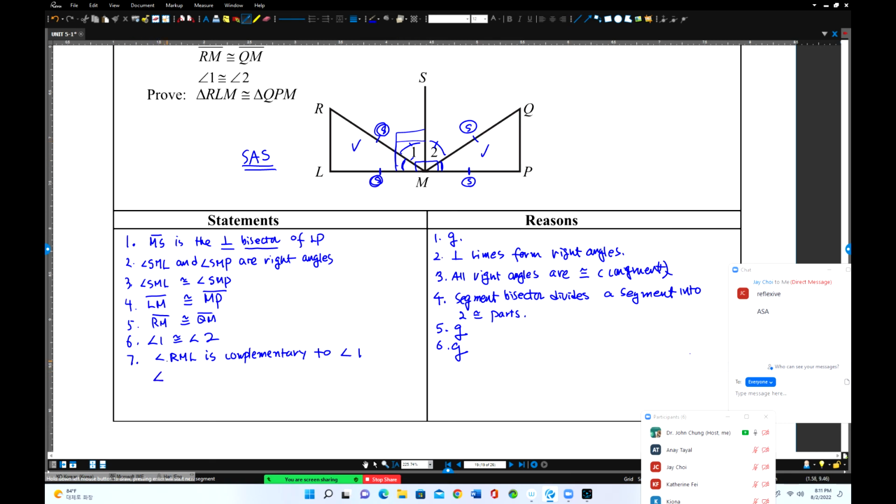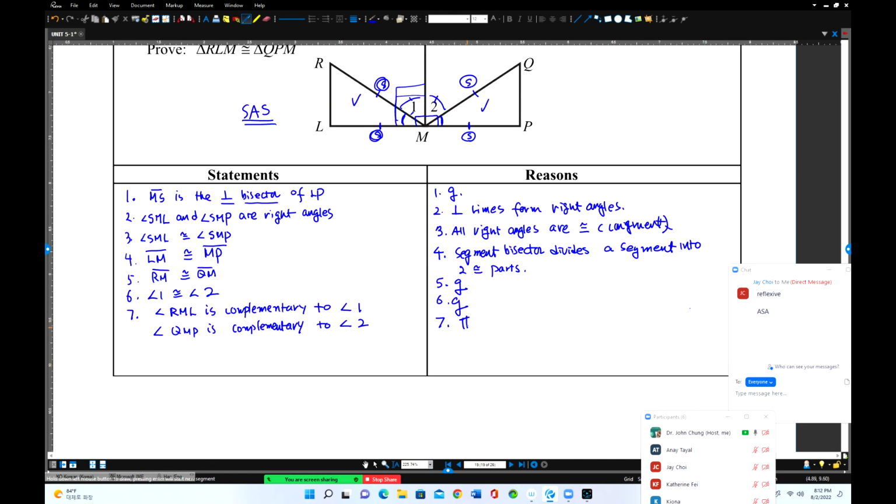So the next one is angle QMP. Angle QMP is complementary to angle 2. What's the reason over here? The angles that form right angles are complementary.